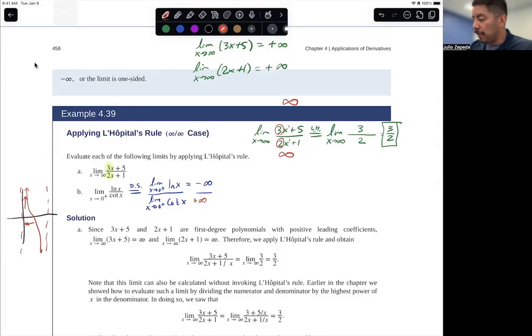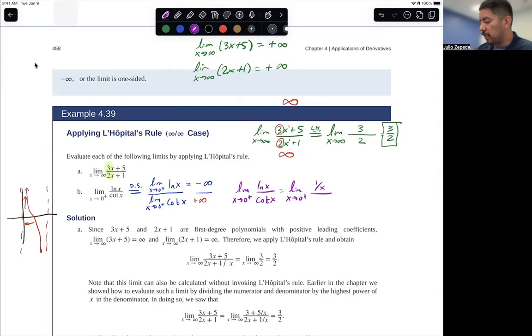And so the original limit, let me rewrite it, why not? Let's not be lazy. The limit as x approaches 0 from the right of natural log of x divided by cotangent x is equal to the limit as x approaches 0 from the right of the derivative of natural log of x, which is 1 over x, divided by the derivative of cotangent x.